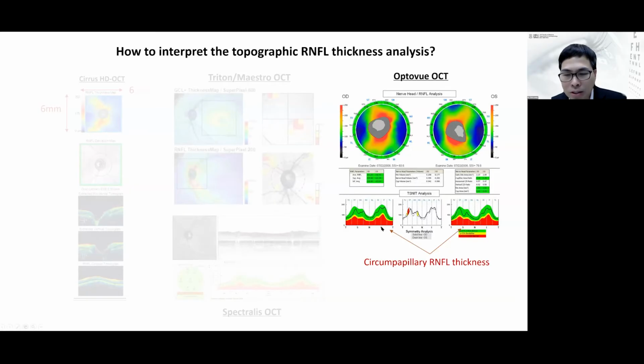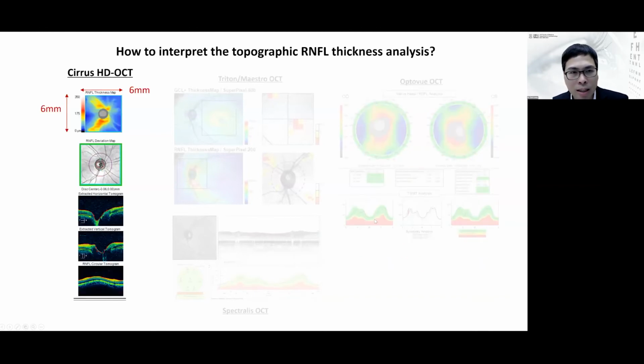But the analysis or the classification still relies very much on the circumpapillary or circle scan measurements. So we do not get a topographic representation of the classification. We only get the circumpapillary retinal nerve fiber thickness classified in these green, yellow, red categories.